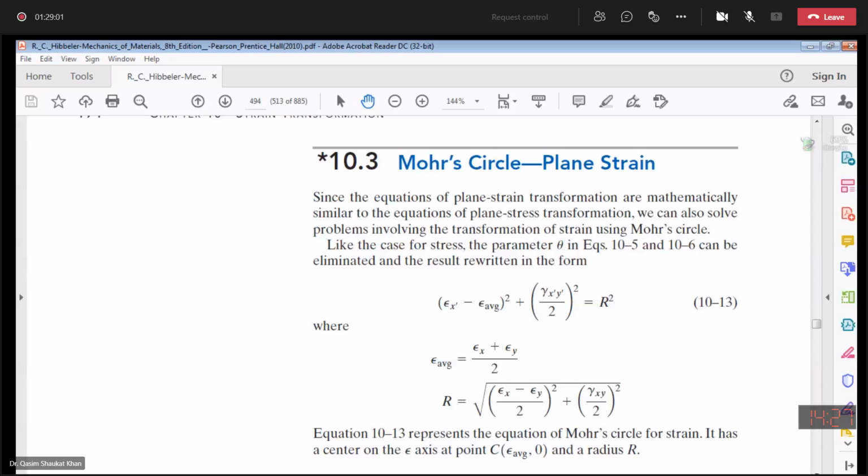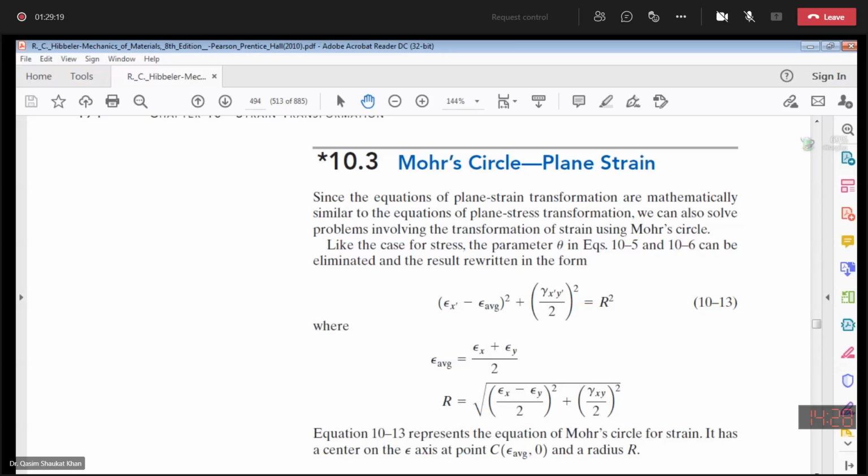And we have seen that the plane strain equations are very much similar to the plane stress equations. So we can also solve these problems involving the transformation of the strain using Mohr's circle.